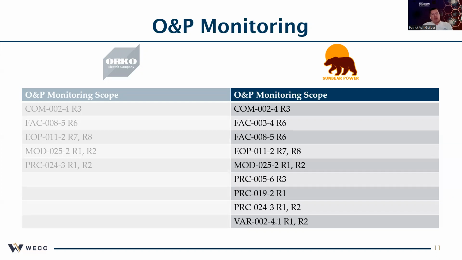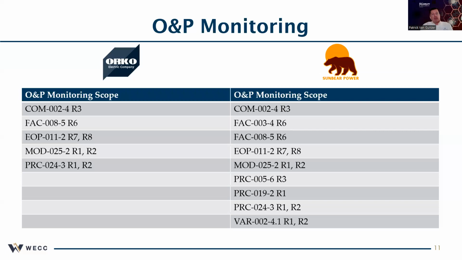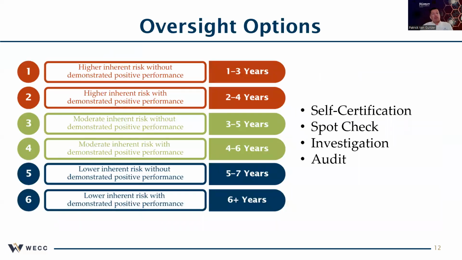So if we can go next and next again. So we've seen this in the past. And what this is doing is it's categorizing the entities 1 and 2 for higher inherent risk, categories 3 and 4 for moderate inherent risk, and 5 and 6 for lower inherent risk.